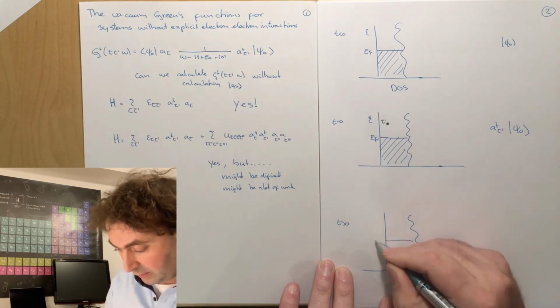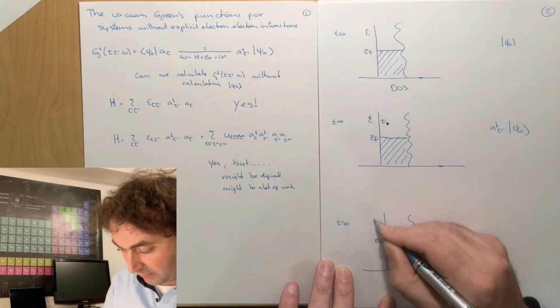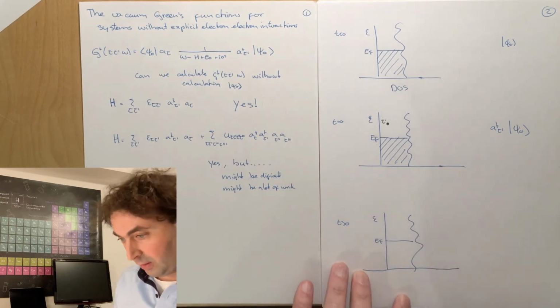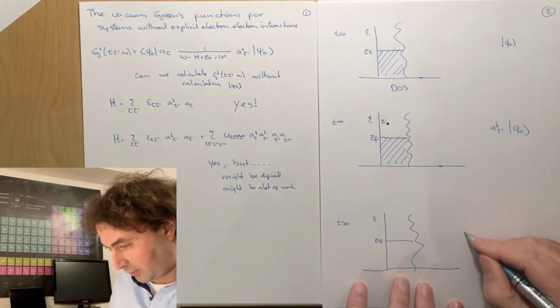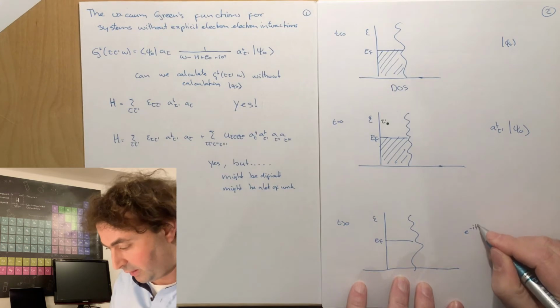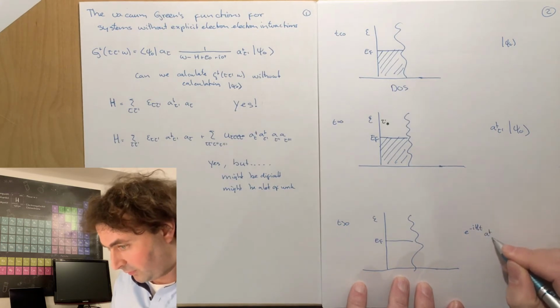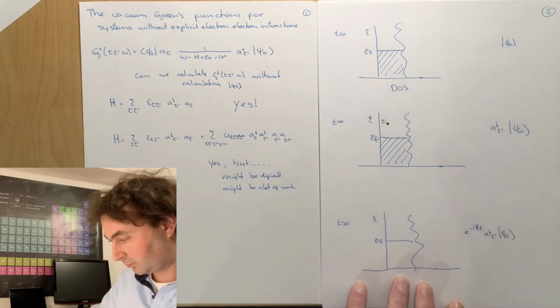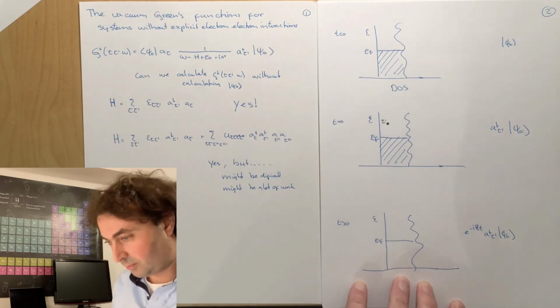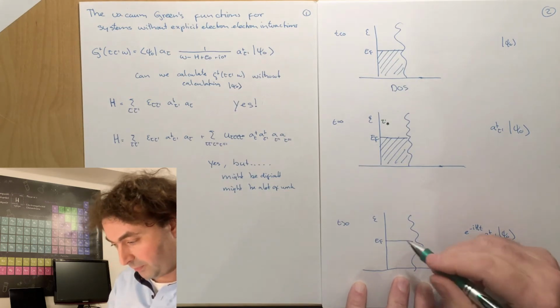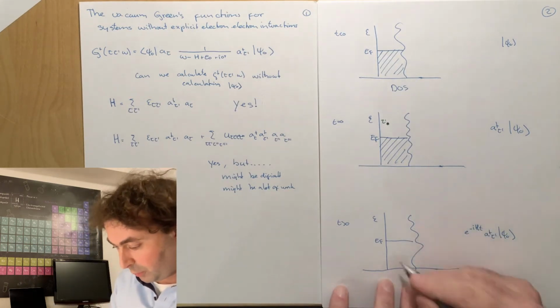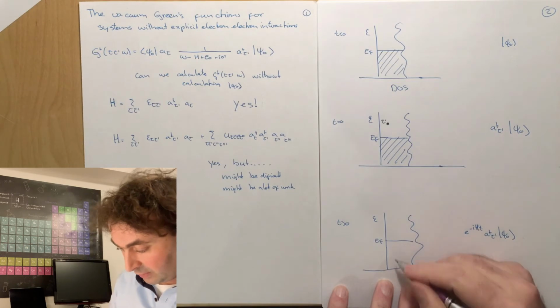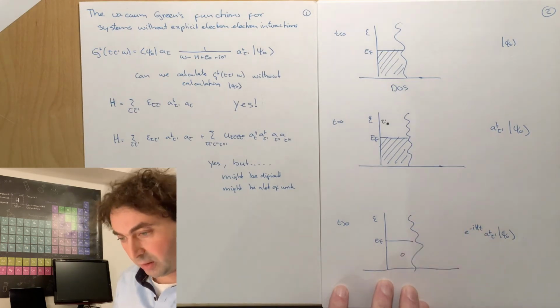When I have two particle interactions, there's something else that can happen. If I just look at e to the minus i H t c dagger tau prime psi 0, I can have my occupied electrons scatter from this additional electron.